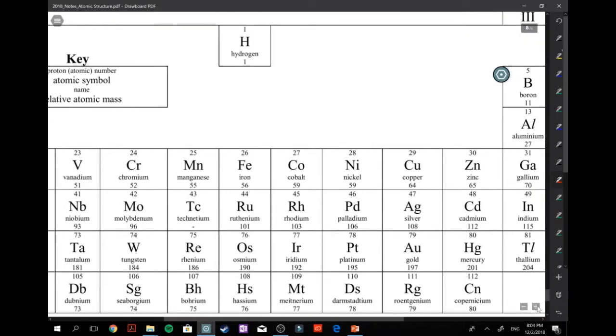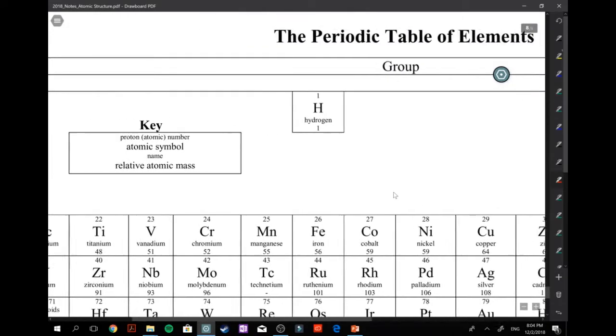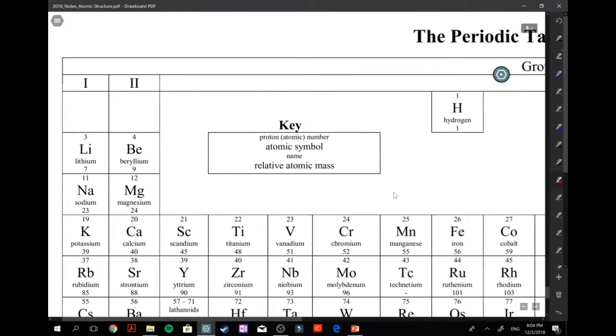Over here on the screen, I have a piece of the periodic table. It's the same as the one that you have at the back of your notes. If you take a look at this closely, let's take, for instance, hydrogen. You'll notice that there are 2 sets of numbers related to the chemical symbol. There's a legend over here that shows you something called the proton number and something called the relative atomic mass.